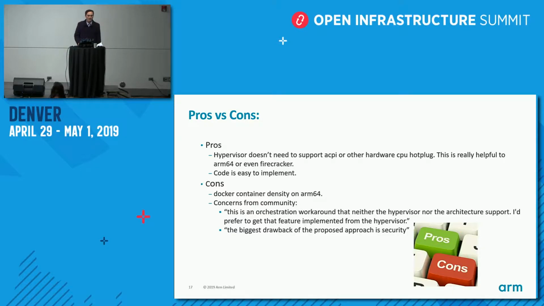The pros are that the hypervisor doesn't need to support ACPI-based or other hardware CPU hotplug. This is really helpful to ARM64 or even Firecracker, which doesn't support CPU hotplug. And the code is easier to implement.